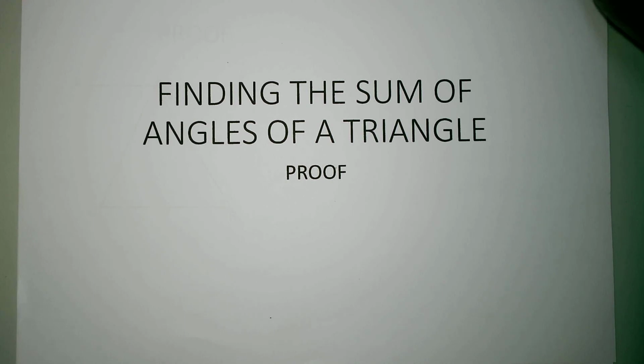Through investigation, by using a protractor, measuring the angles of a triangle and adding them, we found more or less 180. So by conclusion, we said the sum of angles of any triangle is equal to 180 degrees. And that was in practice.